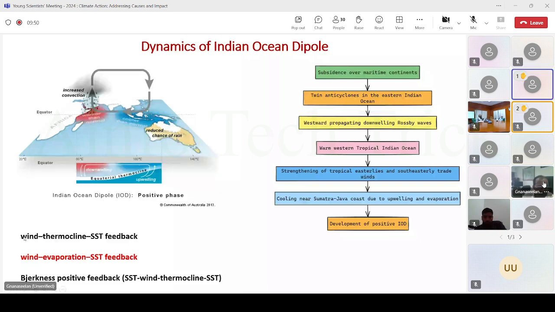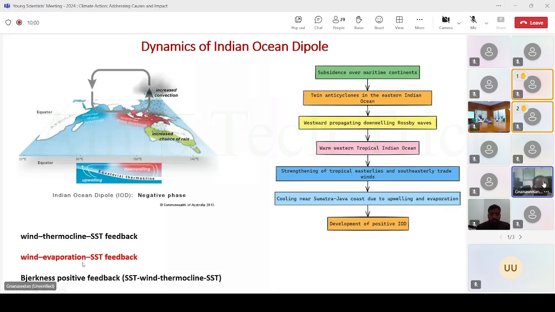So the wind through thermocline changes can affect the SST. That is one feedback mechanism. Another one is the wind also can modulate the evaporation. So the evaporation can cool the SST. So the wind evaporation SST feedback is also very, very important in the IOD formation.